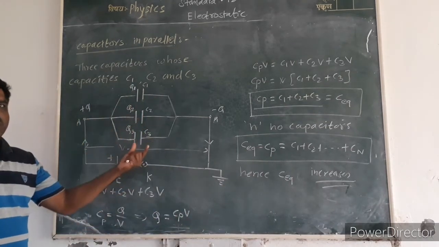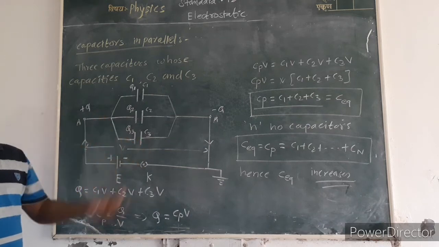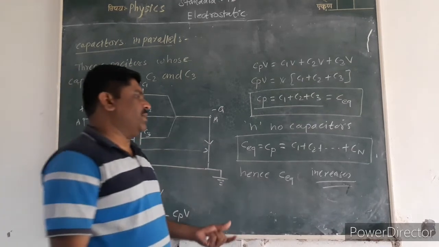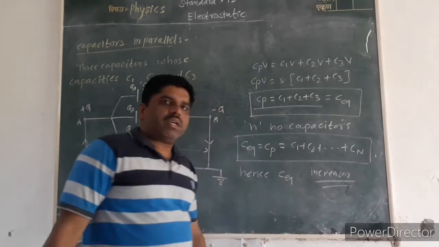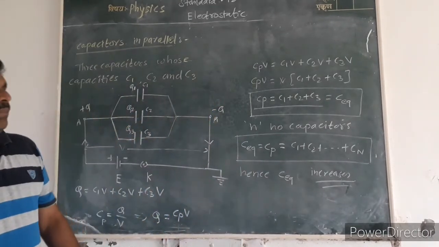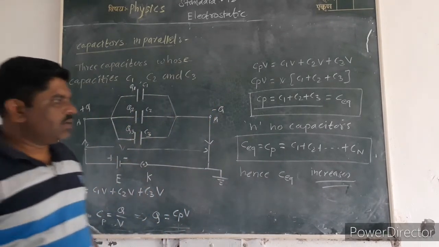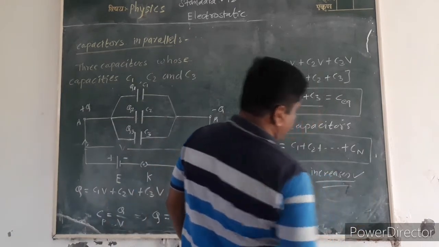When three capacitors are connected in parallel, the resultant capacity, or equivalent capacity, or total capacity in the given circuit will increase.